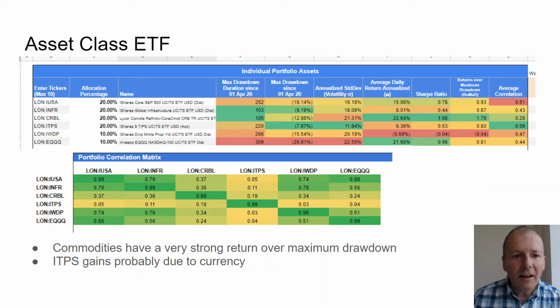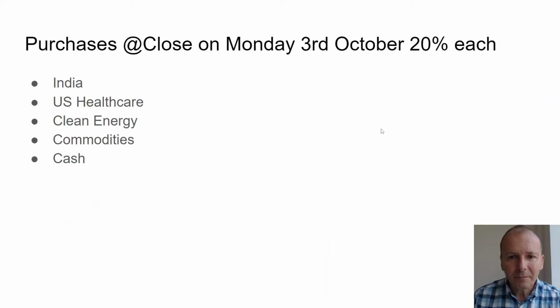And I used to like this TIPS inflation protected bonds, but I've realized that actually the growth is all down to the strength of the US dollar. And so in the underlying currency, there's actually no growth there at all. So if the pound strengthens against the dollar, this will all evaporate and it'll all end in tears.